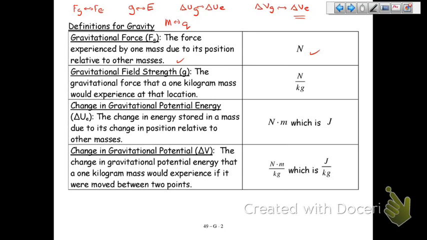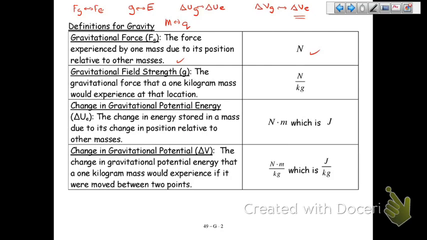So if your second mass was not 95 kilograms, but was 1 kilogram, the numerical value equaled the gravitational field strength. It's important to recognize that you don't need that second mass to be there. The gravitational field is about the point in space. It's just numerically equal to the force you'd feel if you put a 1 kilogram mass there.